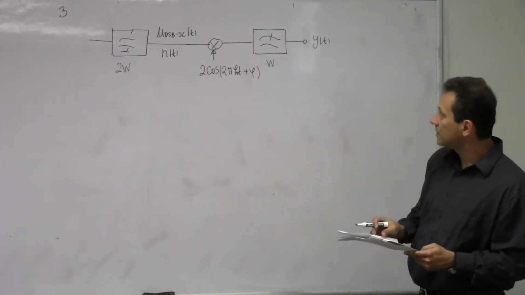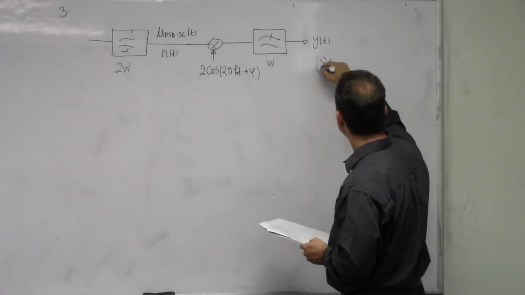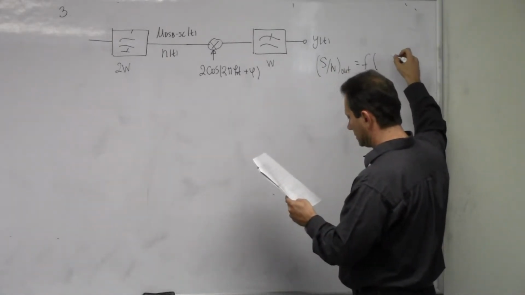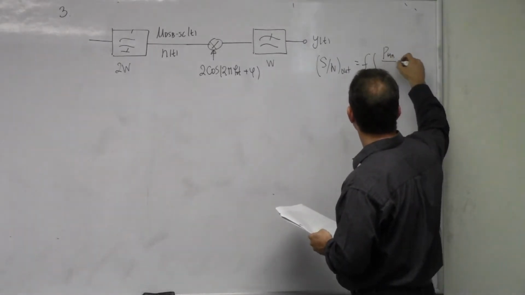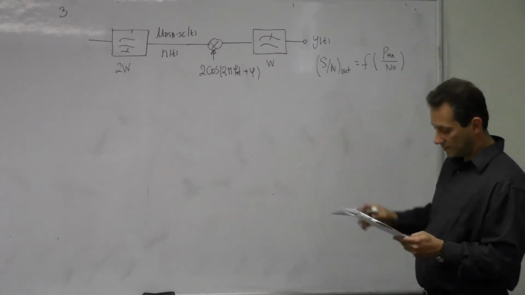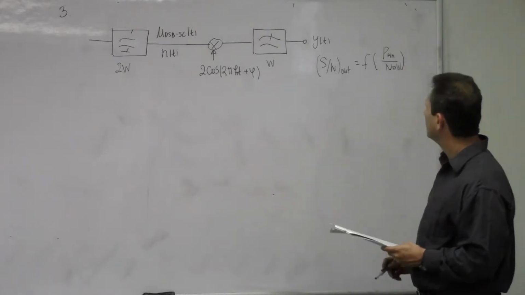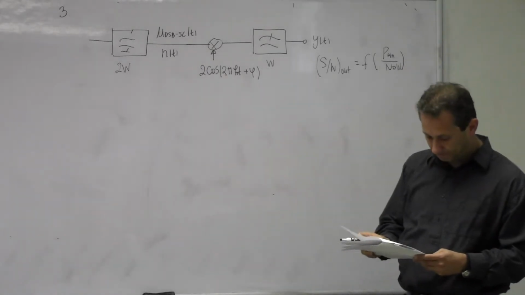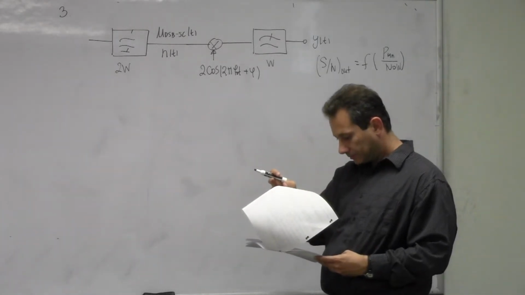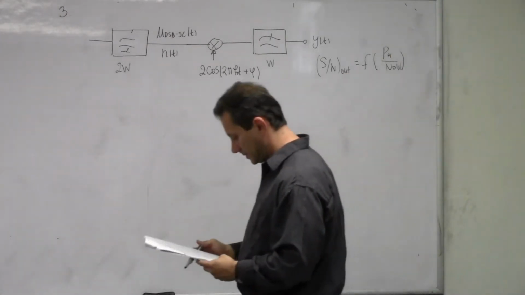So the question here is to express the signal to noise ratio at the output as a function of the power of the message normalized divided by N0 W, the power of the noise at baseband, or just the power of the message signal divided by this.